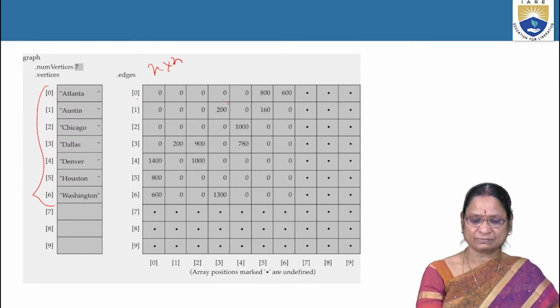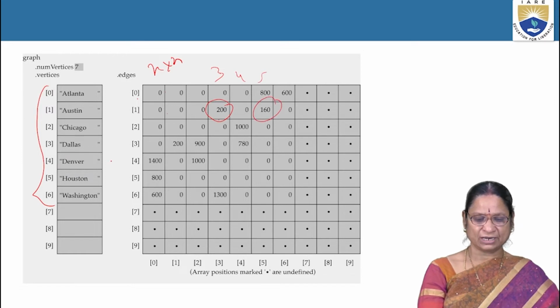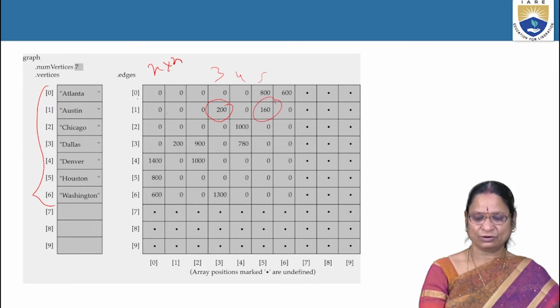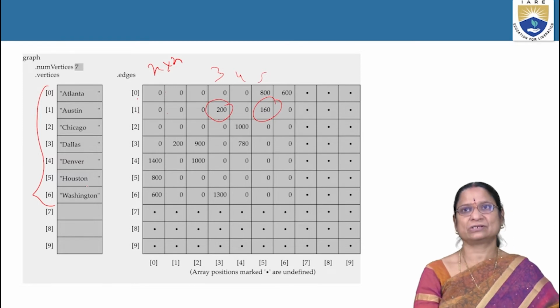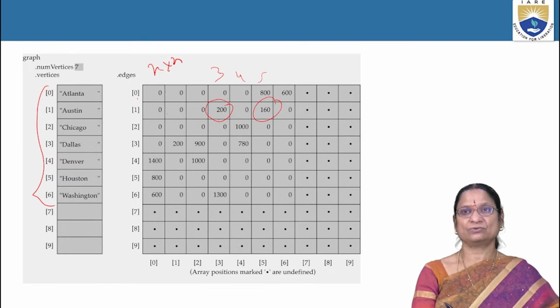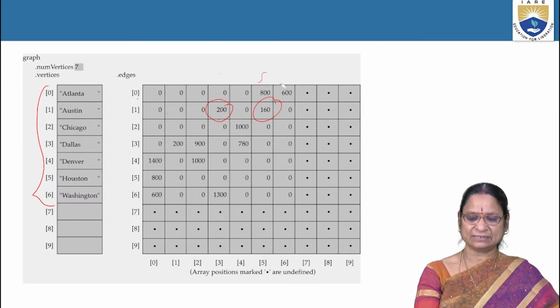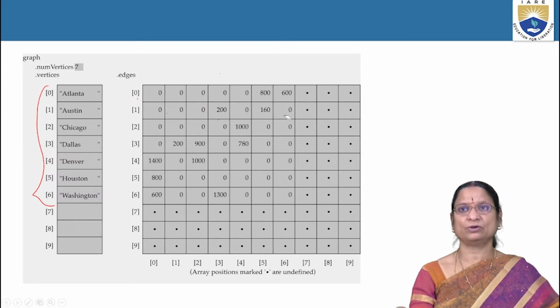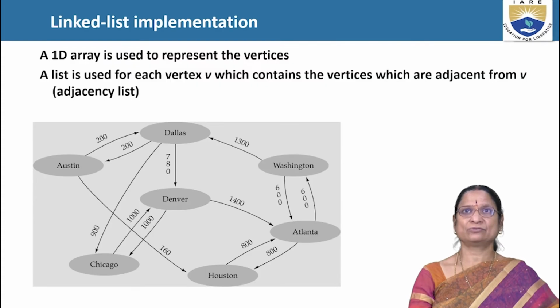So if you observe, from 1 to 0, 1, 2, 3, 4, 5: from 1 to 3, what is 3? Dallas, and 1 to 5 is 160, Houston. All others are 0. So if a weight is there, we represent it with the respective weight. If no edge is there, we represent it in the adjacency matrix as 0.